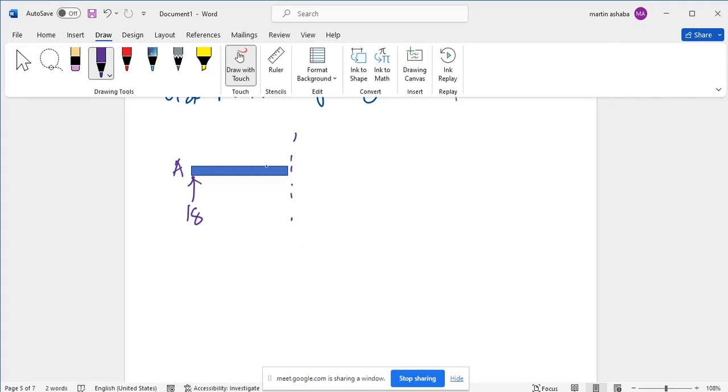But if I indicate it as that section, then I need to also indicate that it is at a distance x from A. I want to know what the bending moment could be at a distance x. Since this is 2 meters, I want to analyze the bending moment at 1 meter, at 1.5 meters, at 2 meters.